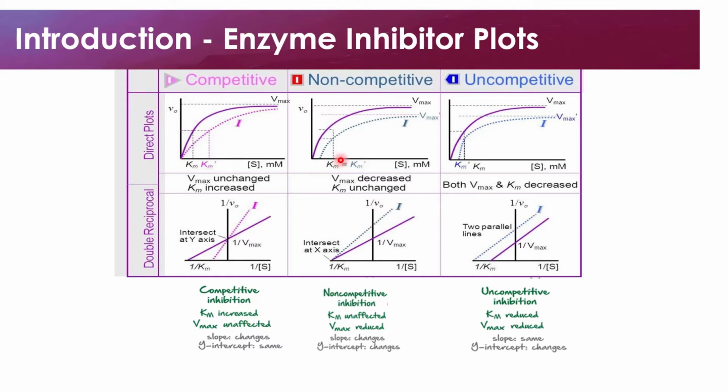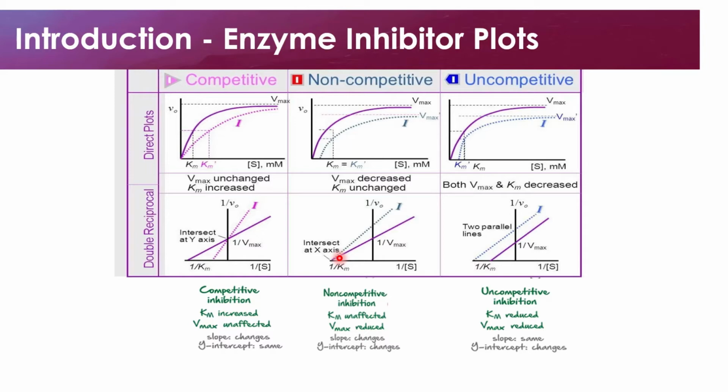So now let us look at the non-competitive inhibition. If we look at the direct plot, we can say that there's a decrease in the V maximum, and the Km value remains the same for the non-competitive inhibition for the Michaelis-Menten or direct plot.